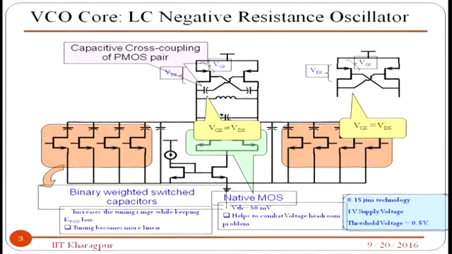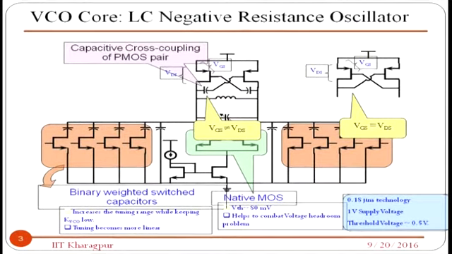Therefore, these transistors might go into the linear region. If it goes into the linear region, then all oscillation will stop. Therefore, to ensure the transistor works in the saturation region, you can use a cross coupled capacitor, which will slow down the process of this difference, and you will find that the condition is always achievable to have these transistors working in saturation region.